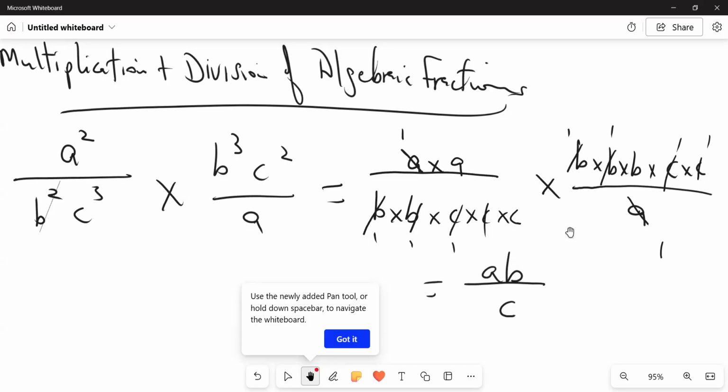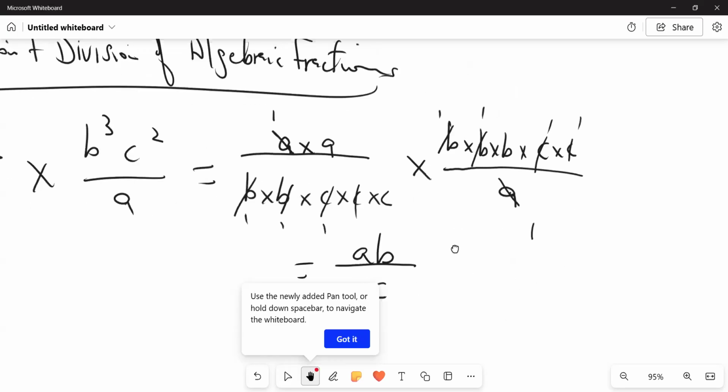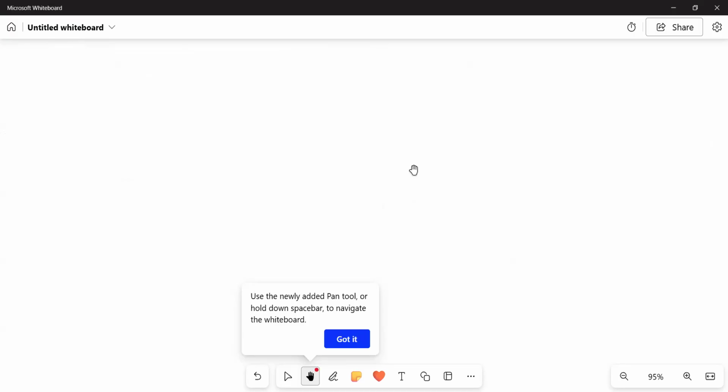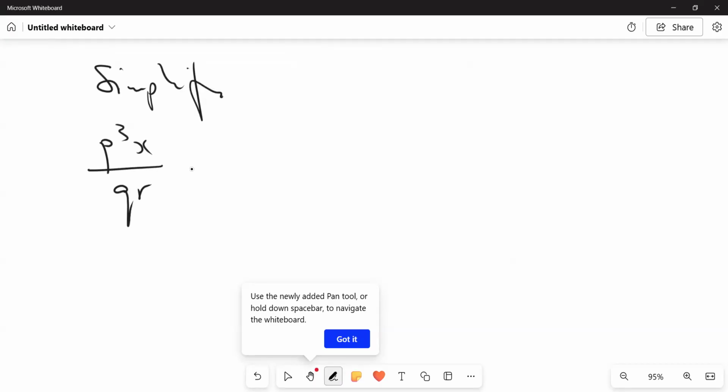Just let's do one with division and then we'll move straight away to indices. So let's do one with division. We want to simplify p cube x over qr divided by py over q squared r.